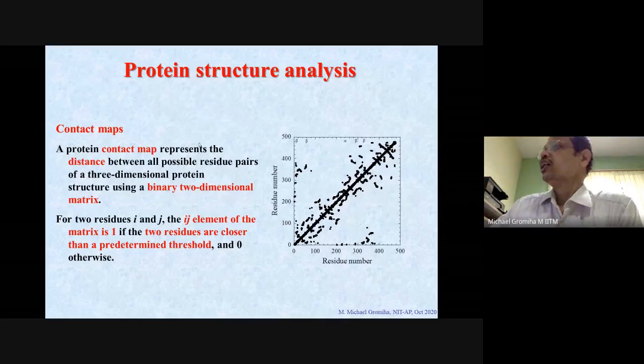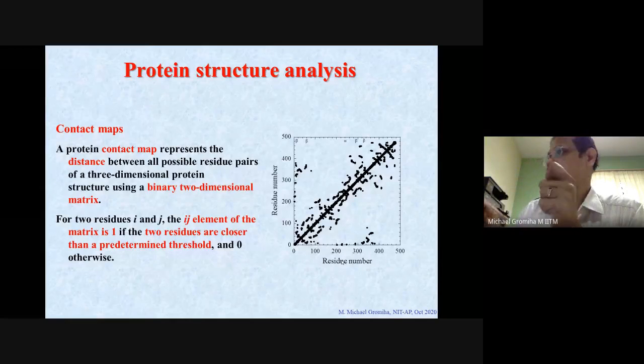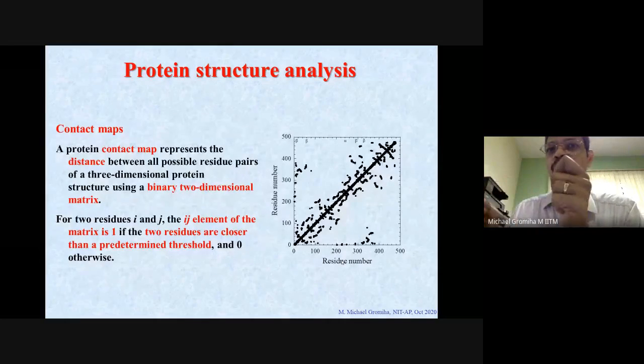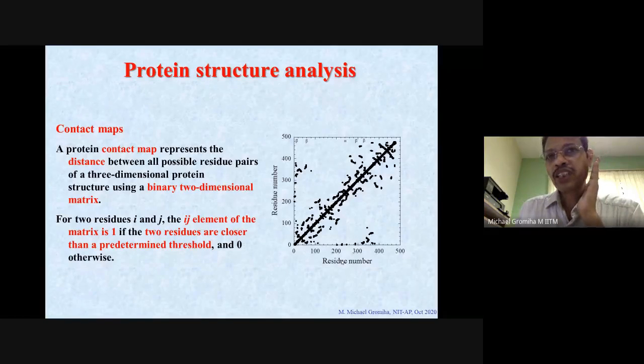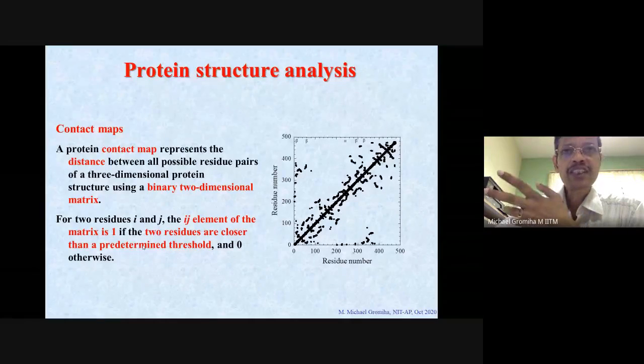Okay. So in this case, we need to calculate the contact. We need to see if residues 1 and 2 are in contact or not. So we need to define a few aspects. One aspect is we need to define a threshold, that means a distance. You can say 8 angstrom or 6 angstrom or 5 angstrom.